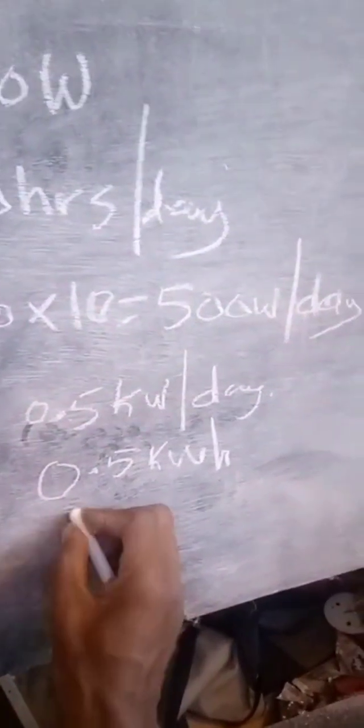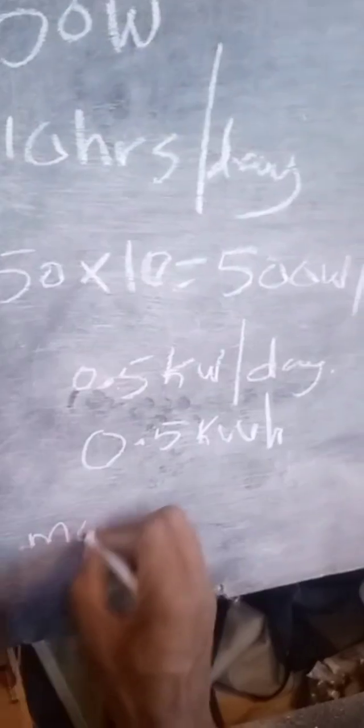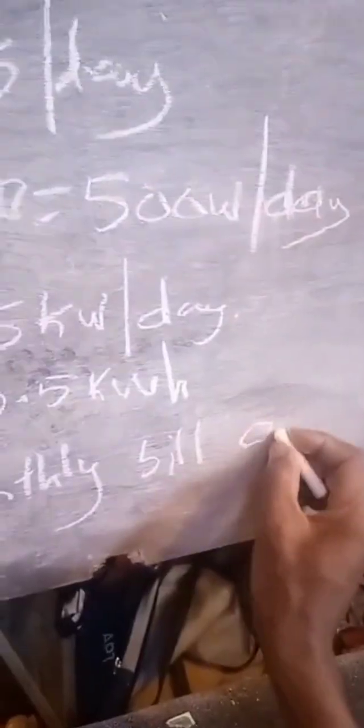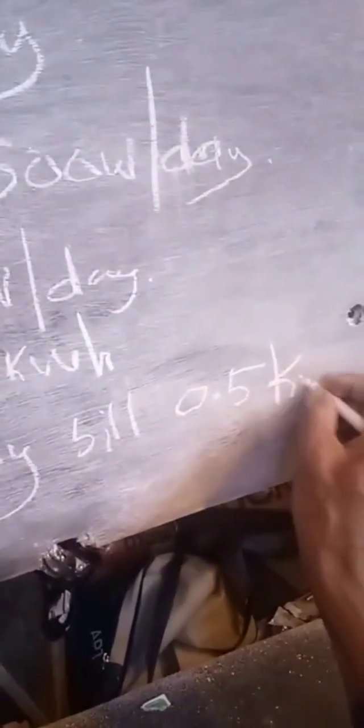So if I need to count my monthly bill, it will be 0.5 kilowatt hours, that is per day, times 30. This one gives me 15 kilowatt hours. Now 15 kilowatt hours is what I'm going to be charged for.